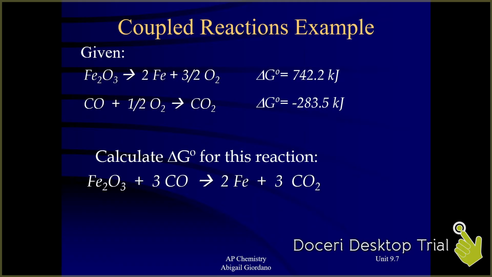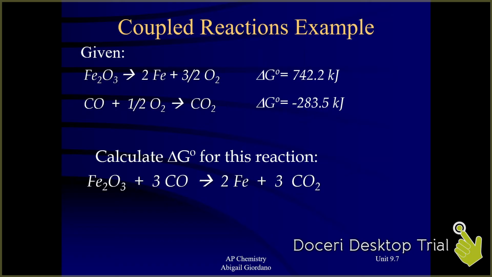Let's review the thought process in a Hess's law problem. We'll start with Fe2O3. I can see that it's in this first reaction. It's on the correct side, it is a reactant, and it has the correct coefficient. So I don't need to adjust that first reaction in any way. I don't need to multiply it or flip it around.